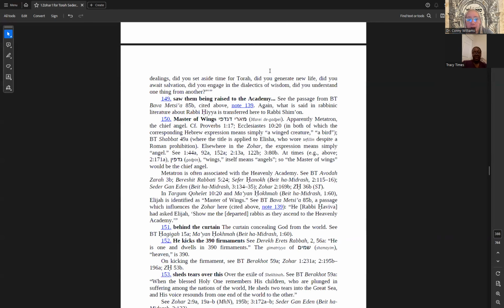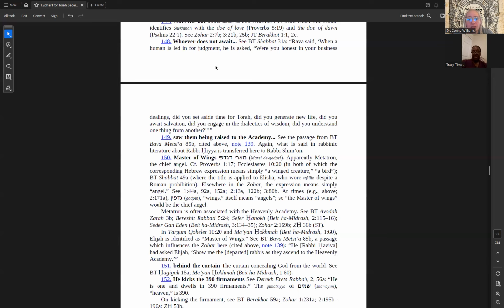Rava said, when the human is led in for judgment, he is asked, were you honest in your business dealings? Did you set aside time for Torah? Did you generate new life? Did you await salvation? And did you engage in the dialectics of wisdom? Did you understand one thing from another?